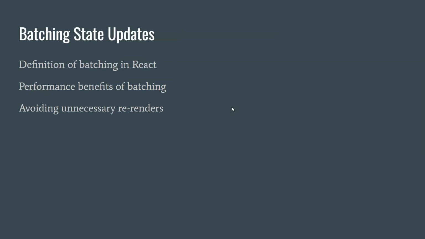The reason this is done is performance, because it prevents unnecessary renders and ensures that the application remains fast and responsive, even when you're updating state frequently or in rapid succession.